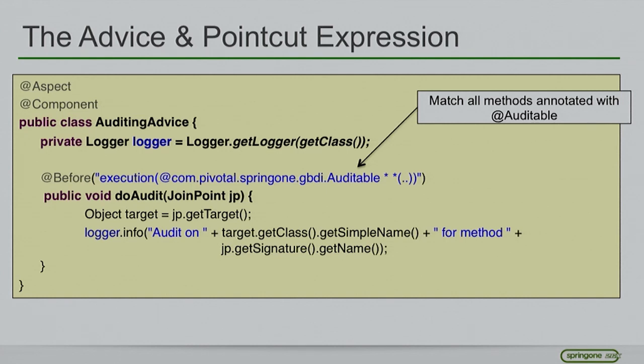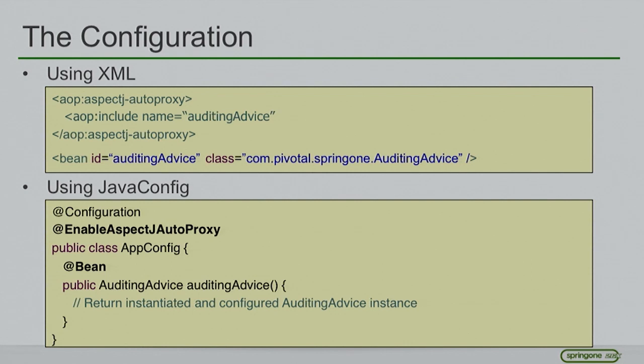I'll leave the details of what you would do there as an exercise for you guys, but that kind of gives you an idea of the steps that you would need. So really quickly, you define an annotation, you write the pointcut expression, and then you annotate your target methods, and then you just configure everything up as we talked about earlier, and you now have some auditing functionality.